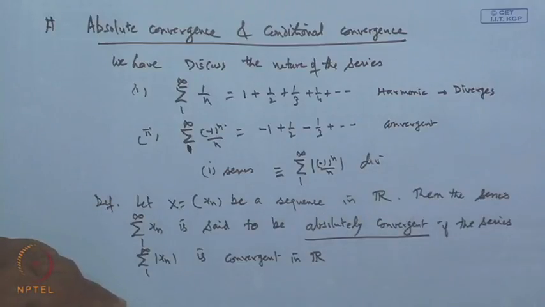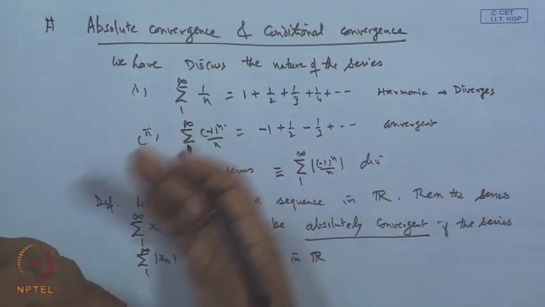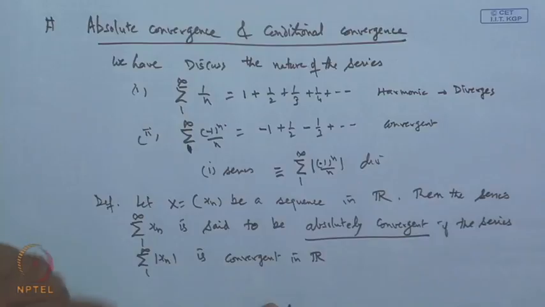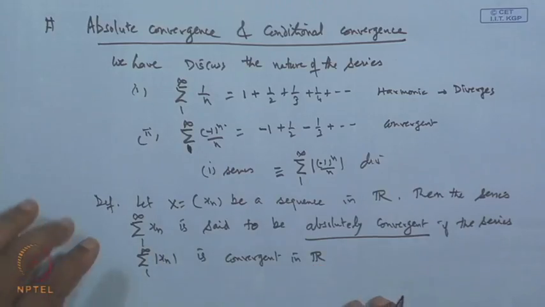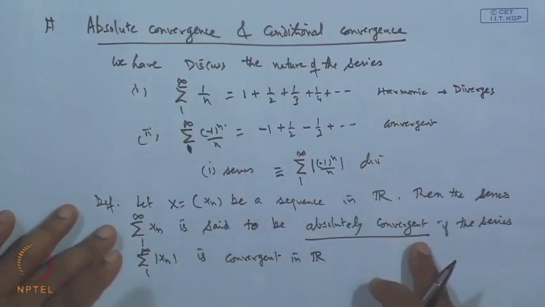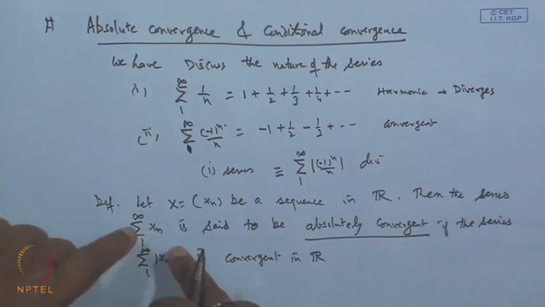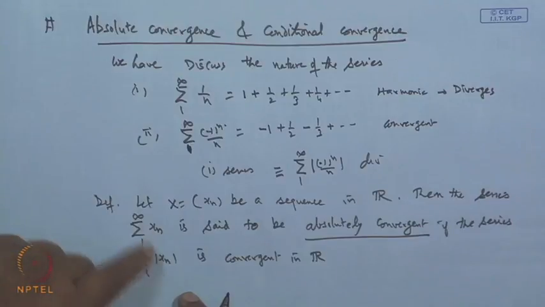Then this sequence is not convergent in (0, 1), because the limiting value is 0, which is away from the set. So, for convergence, the limit of the sequence of partial sums must exist and should be a point in the set, the domain we are considering. So, when we say it is convergent in R, the sum must be a real number. So, a series sigma x_n is said to be absolutely convergent if the series of its absolute terms is convergent in R.